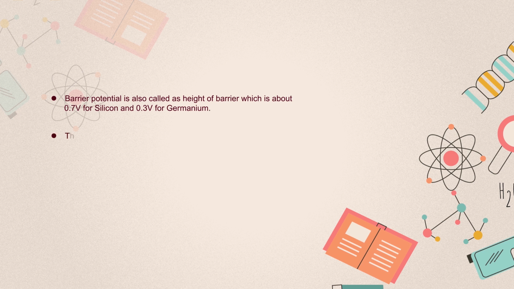Now, the physical distance from one side of the depletion layer to the other is called the width of the layer. From the last figure we have seen that a particular width is present in the depletion layer.